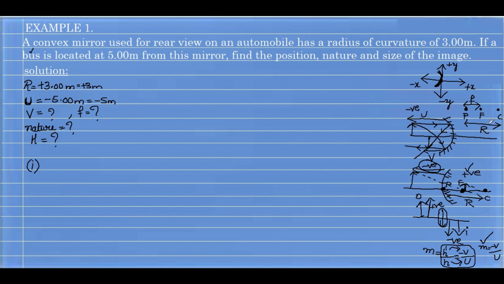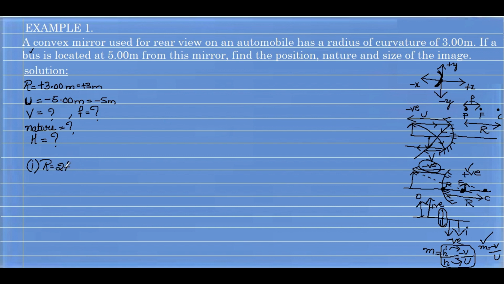The radius of curvature is 2 times the focal length, since f plus f becomes r. So the formula is r is equal to 2f.